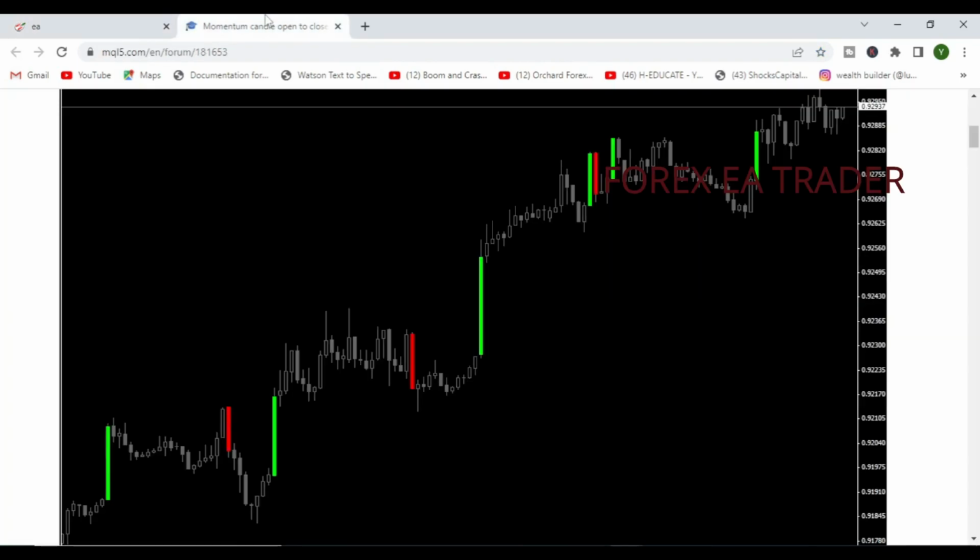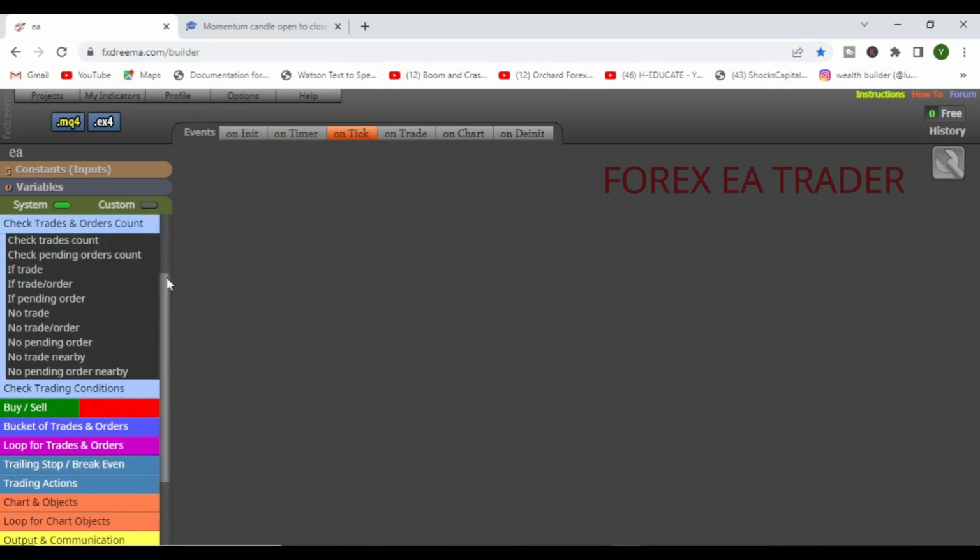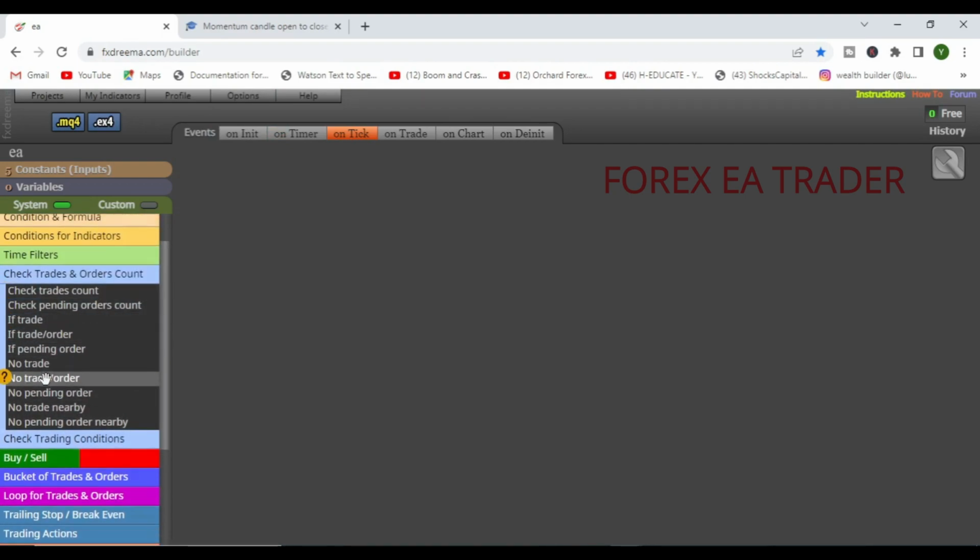So first of all, you know what you do if you have been on this channel for some time. Before we do anything, we put in this block that says no trade, because we want our robot to check that it has not yet placed any prior trades before it starts looking for new trades.